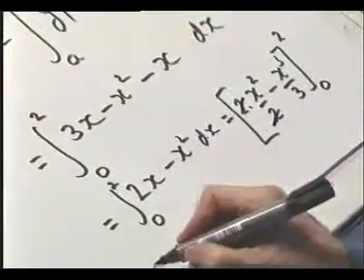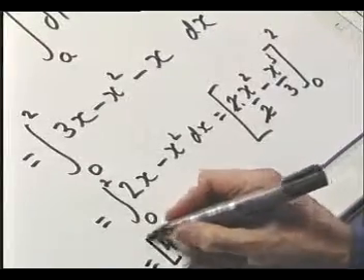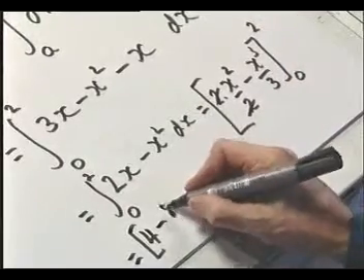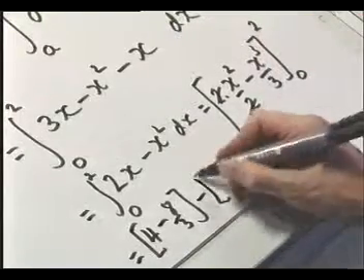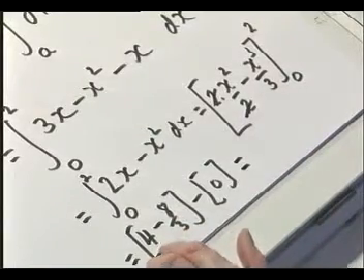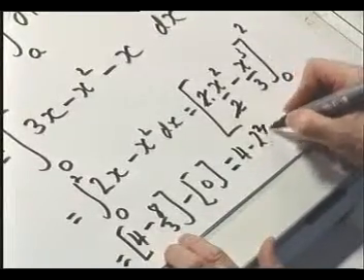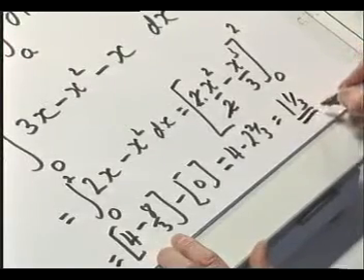I can cancel a 2 there and there, substitute in. 2 2's are 4, minus x cubed, when x is 2, that's 8 over 3, minus, and when I put 0 in, that second bracket is just 0, equals 4 minus 2 and 2/3, which just gives me 1 1/3 units of area, which is exactly what we had last time.